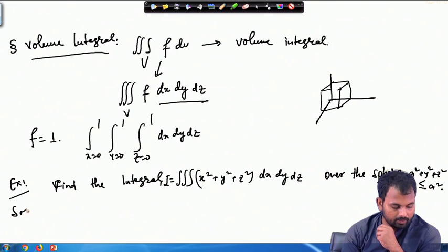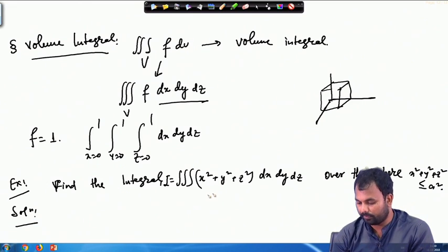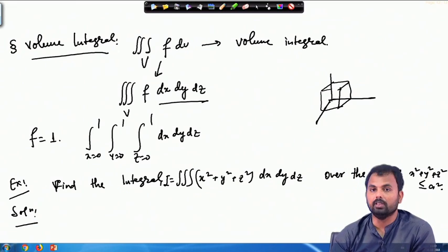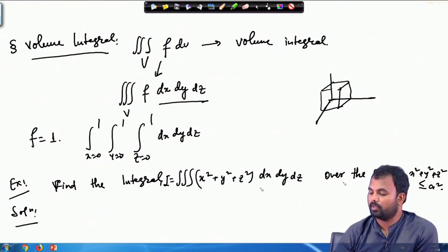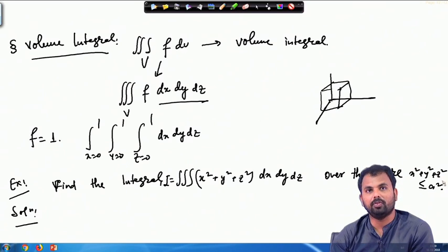All right. So, we have to calculate a volume integral of this integrand over this region. Of course, everything is in nice sphere form.